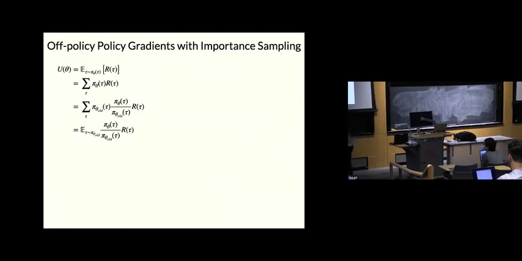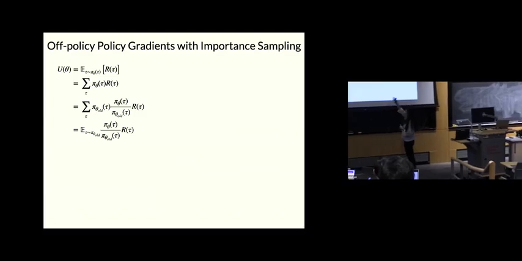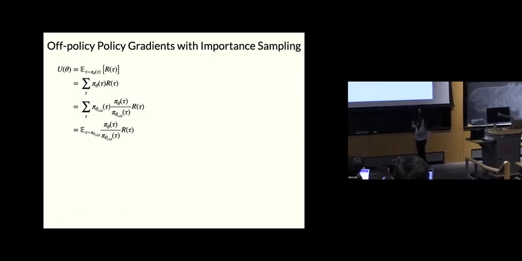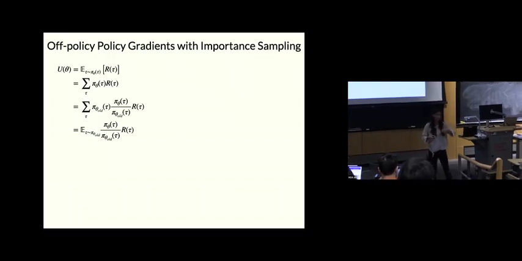Here's an expectation where trajectories are sampled from some policy with theta t. And this is the policy objective we put down earlier that we want to optimize. So one thing I can do is multiply and divide with the probability under a previous theta old. This is what we always do in importance sampling: we multiply and divide with a density function that we can sample from, p theta old.